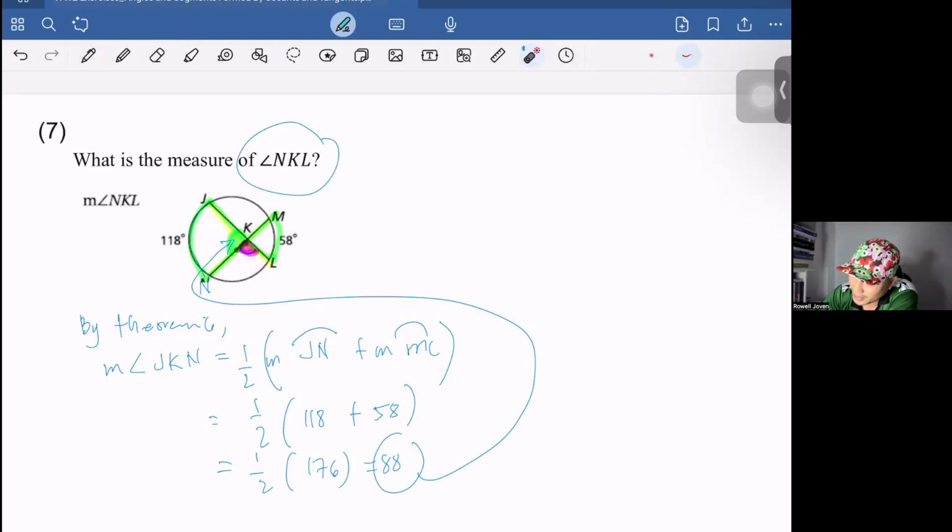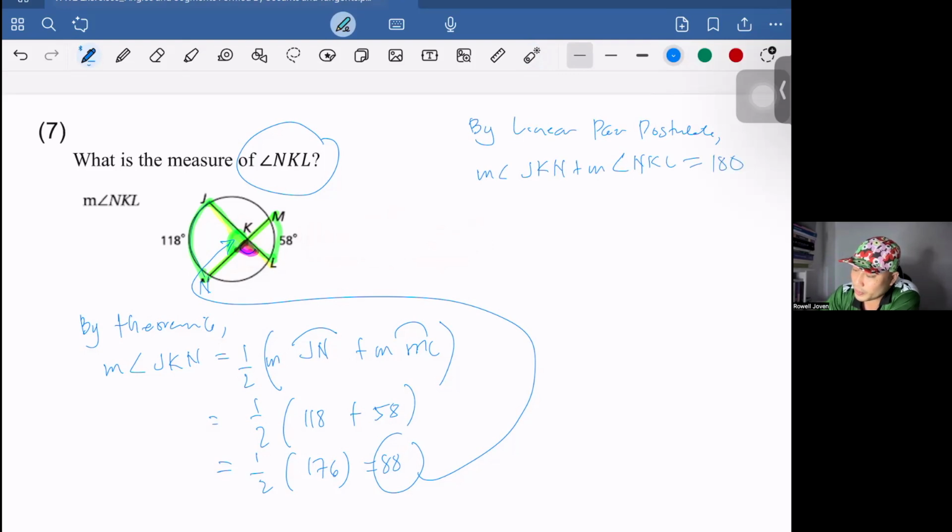We know that angle NKL and JKN, these two angles here, are a linear pair. If two angles form a linear pair, the sum is always 180 degrees. Therefore, by linear pair postulate, the measure of angle JKN plus the measure of angle NKL is equal to 180.